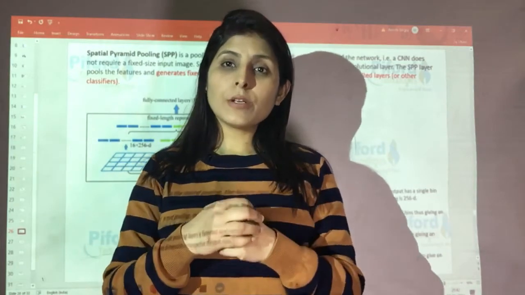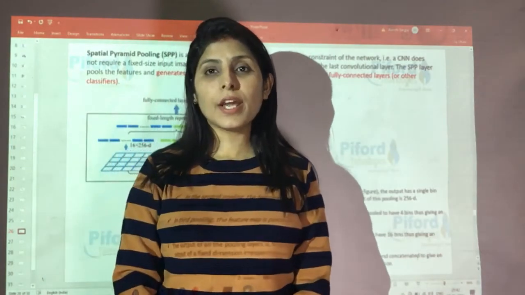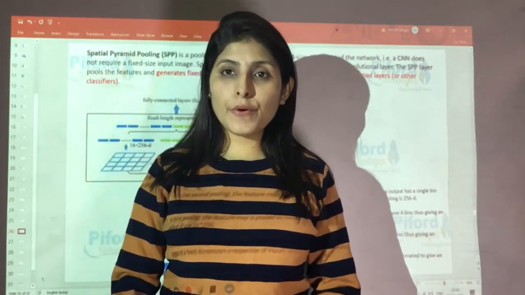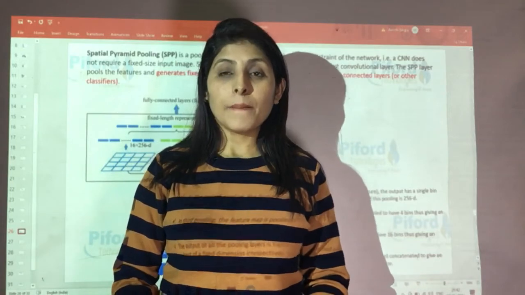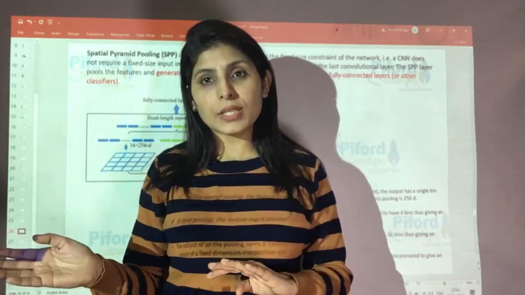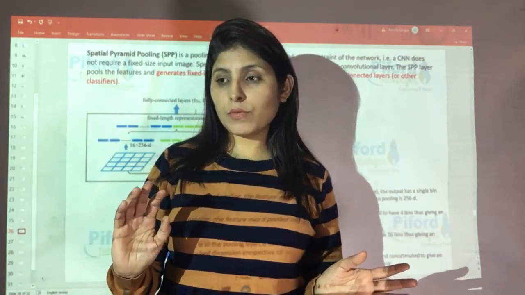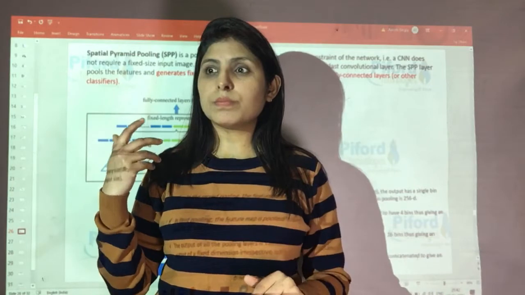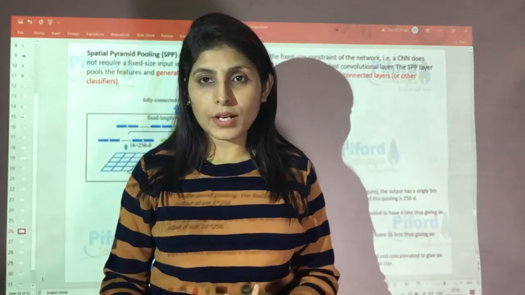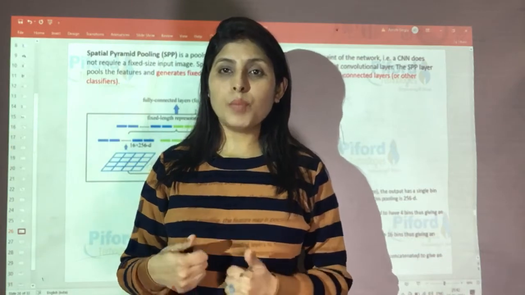If you use SPP in your network, it will automatically improve the performance, because we are not playing with the resolution, and we are giving better quality data to our algorithm. So this is what spatial pyramid pooling does.